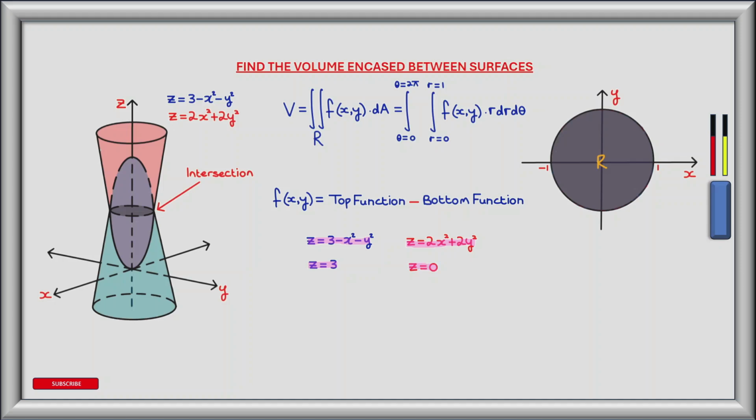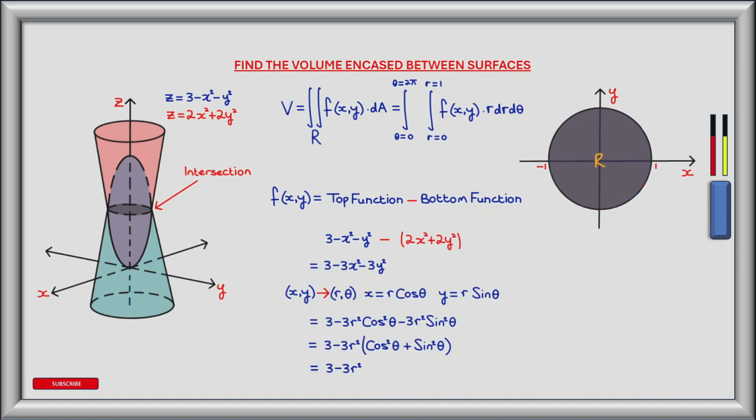So in this case, our top function is z equals 3 minus x squared minus y squared, and our bottom function is z equals 2x squared plus 2y squared. We can now subtract our bottom function, 2x squared plus 2y squared, from our top function, 3 minus x squared minus y squared. And this gives us 3 minus 3x squared minus 3y squared.